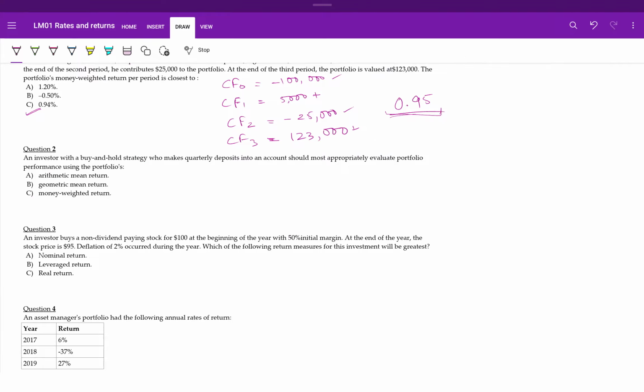An investor with a buy and hold strategy who makes quarterly deposits into an account should most appropriately evaluate portfolio performance using what?